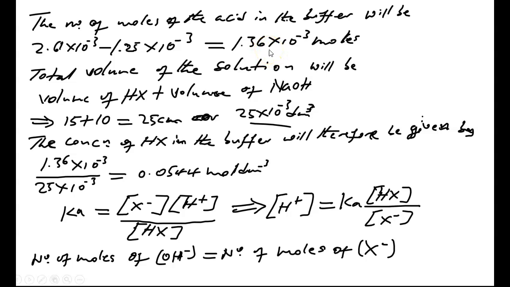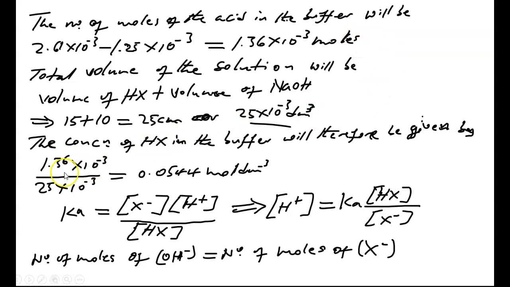Okay, now once we know the number of moles of acid in our buffer solution, we have to convert that into concentration, and we can do that by dividing it by the total volume of the buffer solution. How do we get the total volume? We can get that by adding the volume of the base to the volume of the acid. That should give us 25 cm³, and converting to dm³, that is 25 × 10⁻³ dm³.